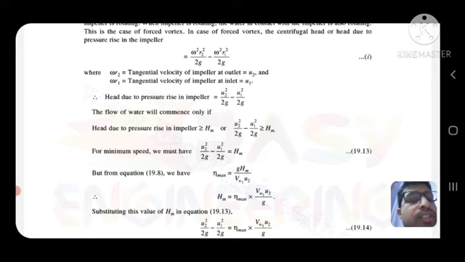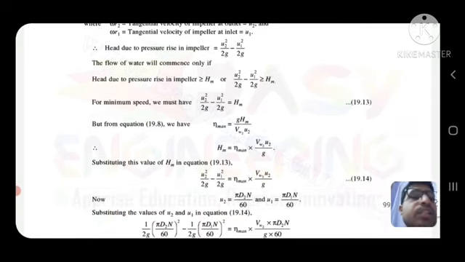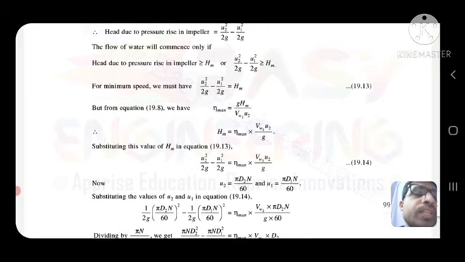So head due to pressure rise is u2 square by 2g minus u1 square by 2g. The flow of water will commence only if the head due to pressure rise in the impeller is greater than or equal to hm, the manometric head. For minimum speed, u2 square by 2g minus u1 square by 2g equals hm.